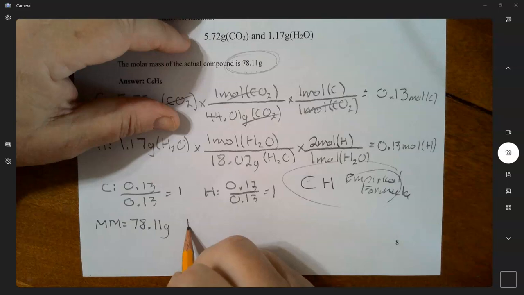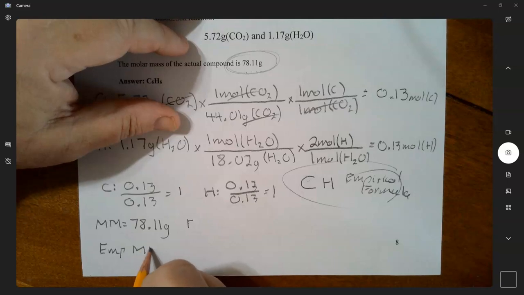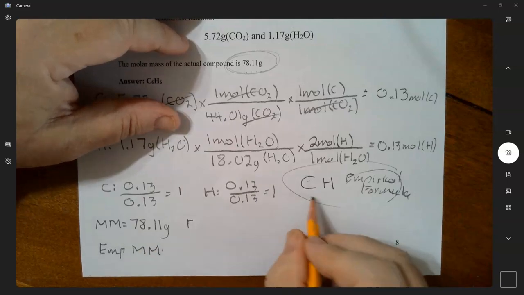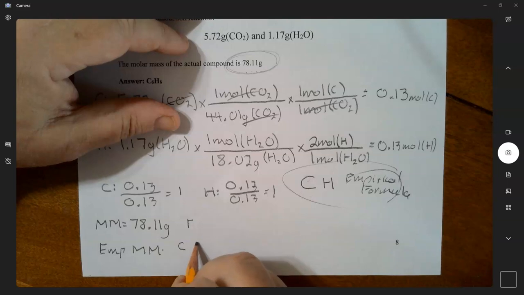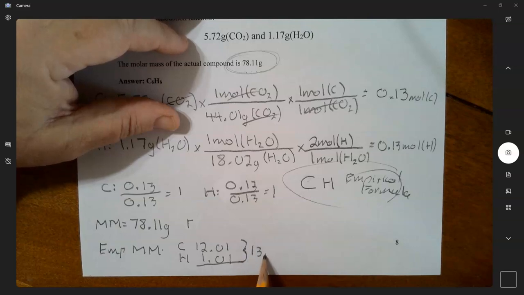The empirical molar mass, let me write that down here. You got a C and an H, so C is 12.01, you multiply that by 1. H is 1.01, you multiply that by 1, and you end up with 13.02 grams.